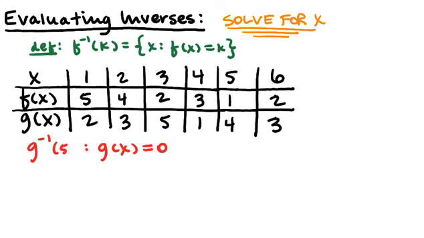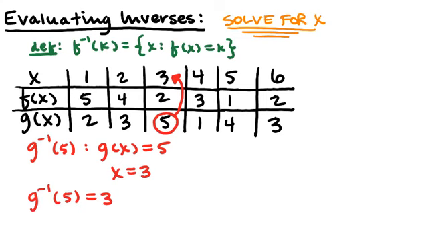Okay, that's embarrassing. All right, g of x is equal to 5. So you go on the row for g of x, and it's like, oh, here it is. That's g of x equals 5. You trace back to the x that got you there. That's x equals 3.